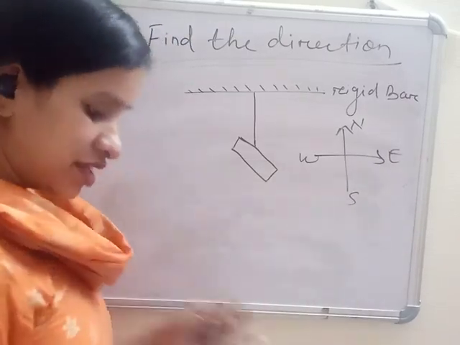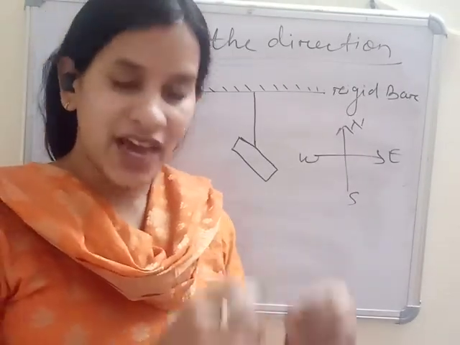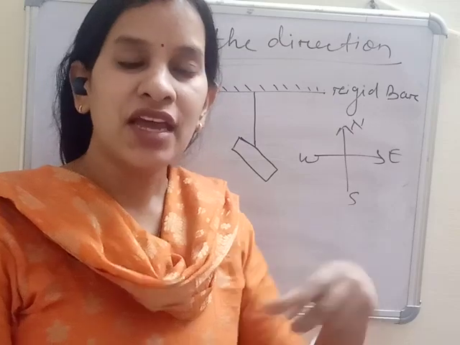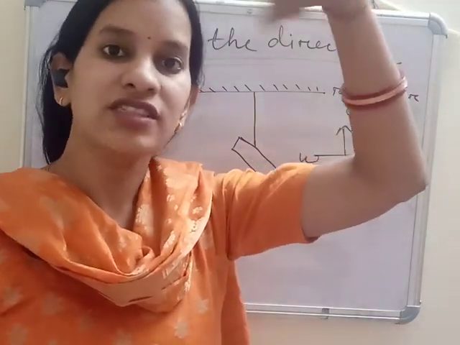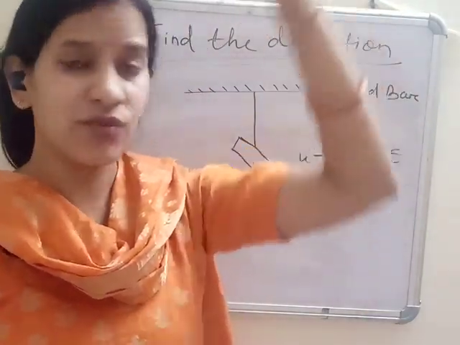So if you take a magnet and tie that magnet with the help of a thread and simply hang it or suspend it with the help of a hand or somewhere else, okay.